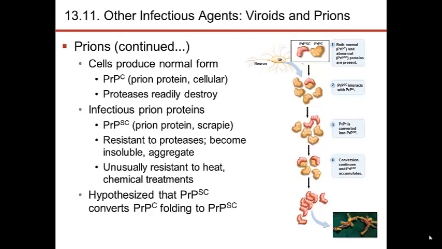Prions have a normal cognate form in cells. Proteases readily destroy overproduction of this normal cellular cognate. But the infectious prion form comes into a cell and takes the normal cognate and, as a template, acts to refold the normal cellular protein, making it become insoluble and able to form aggregates.